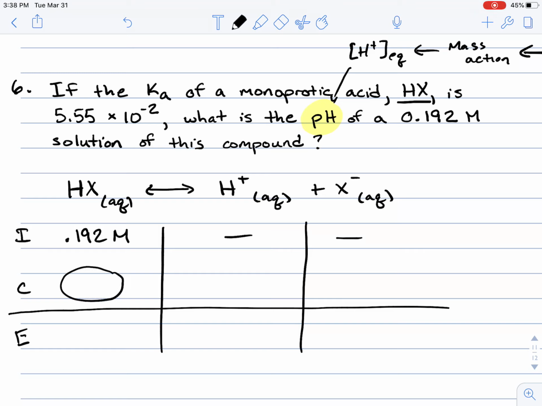So let's go ahead and talk about change. Remember there are two options for change. It can be minus x, or it can represent the initial concentration. And for us to figure out which is which, we need to determine if this is a weak acid or a strong acid. In this case, since the magnitude of the Ka is times 10 to the negative 2, we can go ahead and say that this is a weak acid.